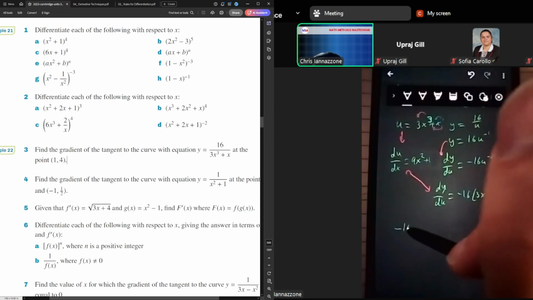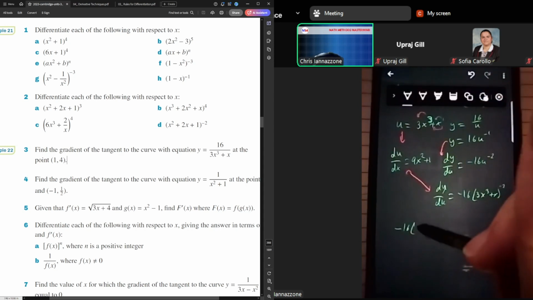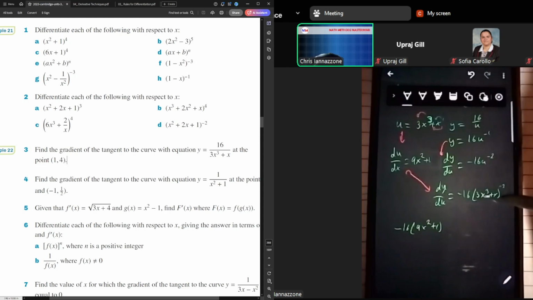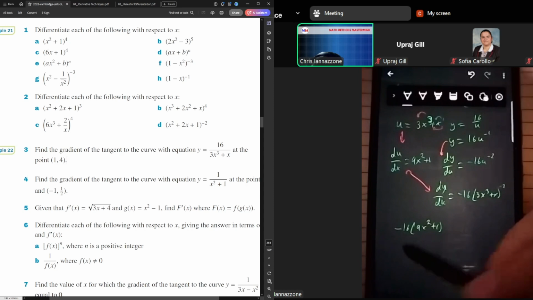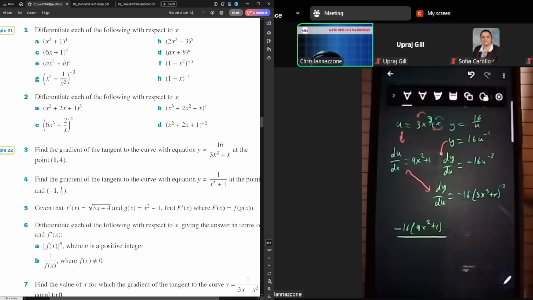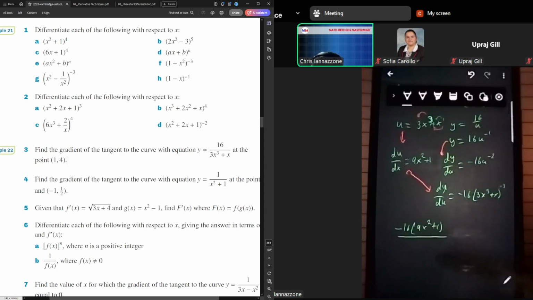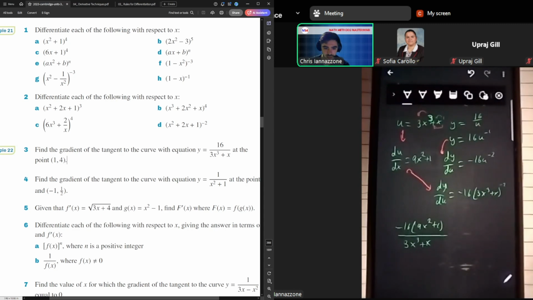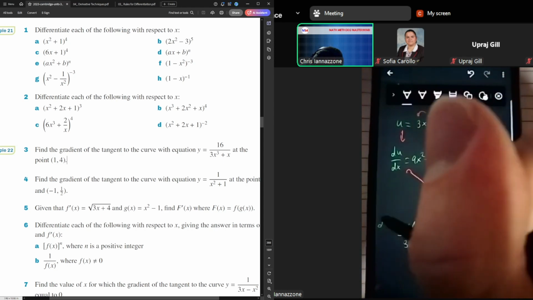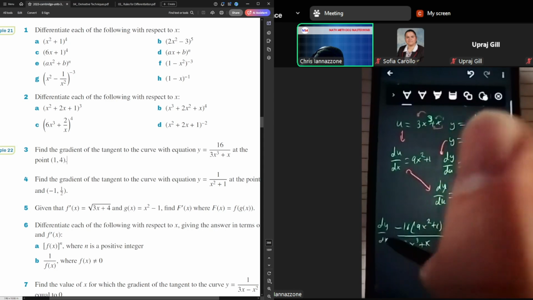I'd have the negative 16 out the front, the 9x squared plus 1 out here, and then you could have it as a negative index if you like, but we will be using this term anyway, so it might be worth rewriting it as a positive index. So 3x cubed plus x on the bottom, and leaving it like that is fine as a derivative. The negative index is also fine, but I'm only writing it this way because we'll be needing it shortly.